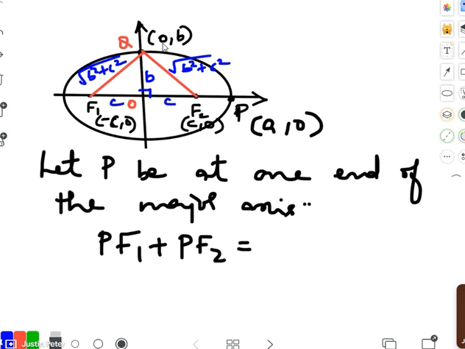Let's now try to find the value of PF1 plus PF2. So what will be your PF1? PF1 can be split as OF1 plus OP.